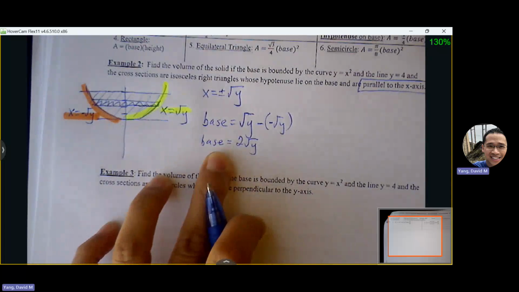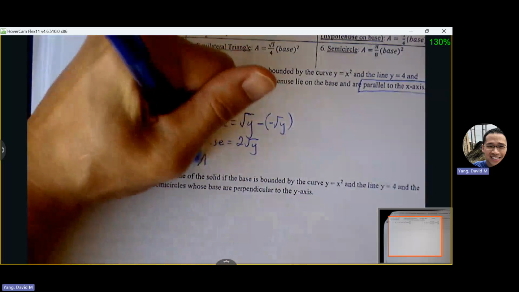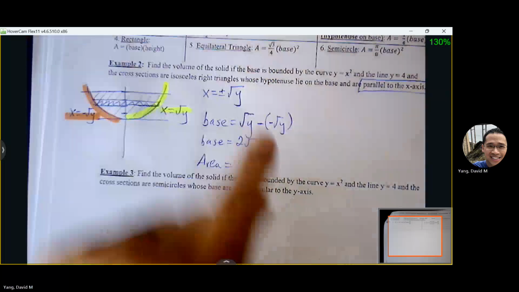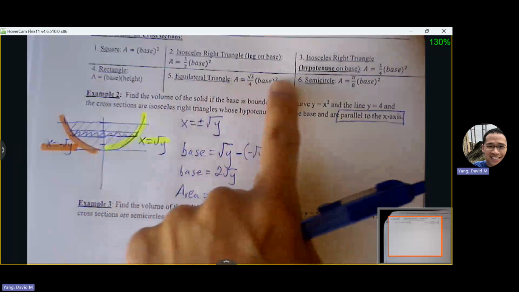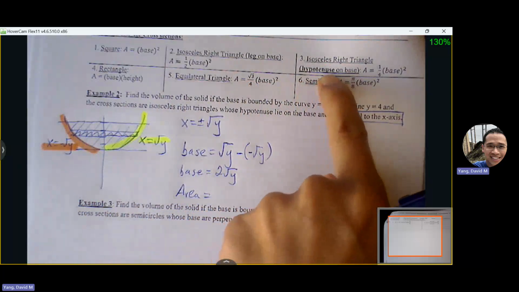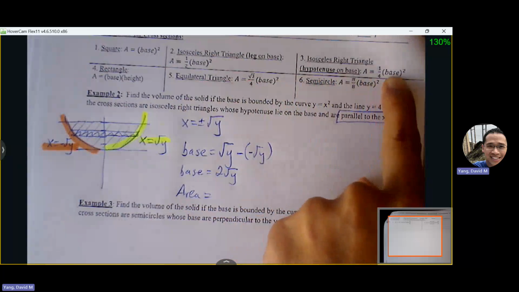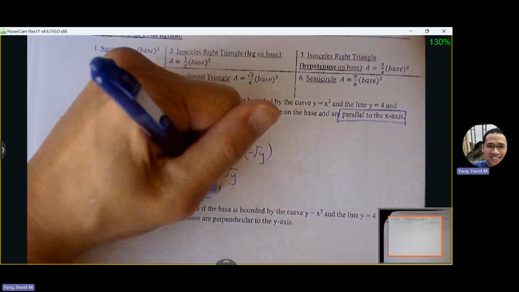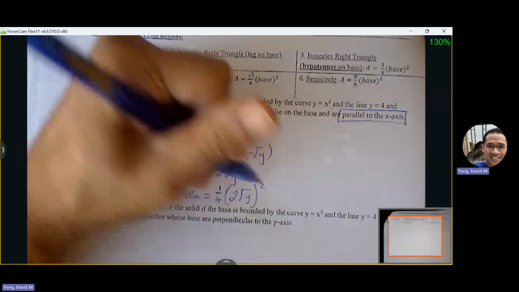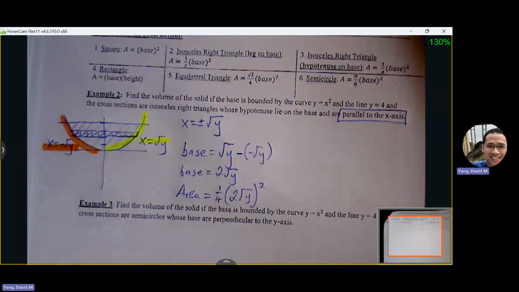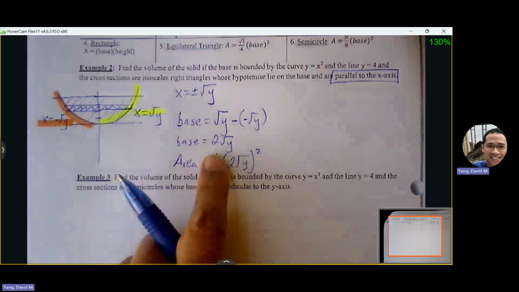So once we have our base, let's build our area. Our area that we want is an isosceles right triangle with hypotenuse on the base. It's going to be 1/4 base squared. Multiply that out to clean that up.